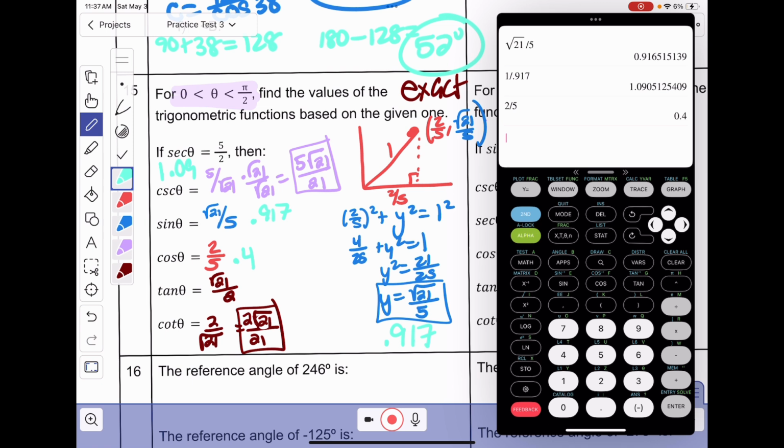So tangent is 0.917 divided by 0.4, which is 2.29. And then cotangent is 1 divided by 2.29, so you get 0.44. So if it doesn't say exact, decimals are fine. If it does say exact, do the fractions that way.